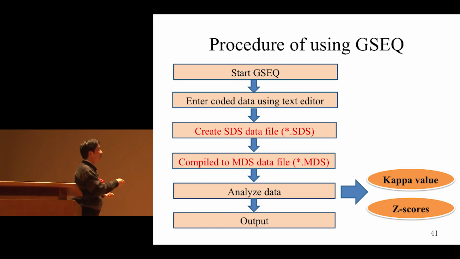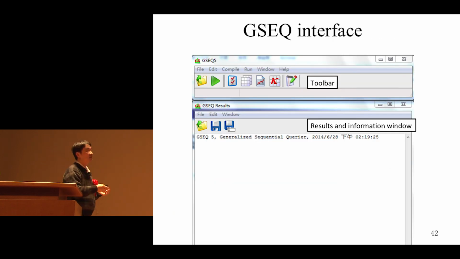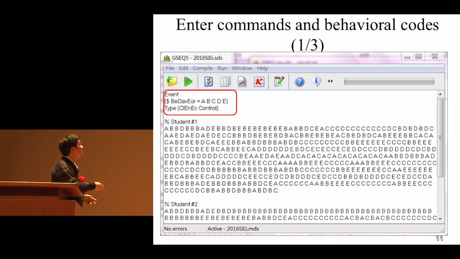You only need to follow a few steps. First of all, you need to prepare the system log or interactive content, coded in a text file. And then you can open the text file from this program. This is what the data look like.